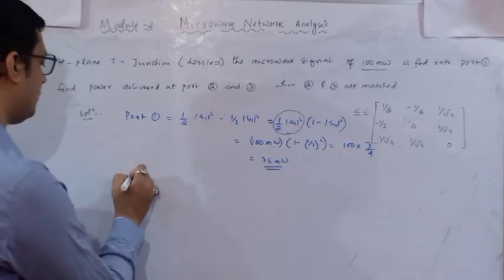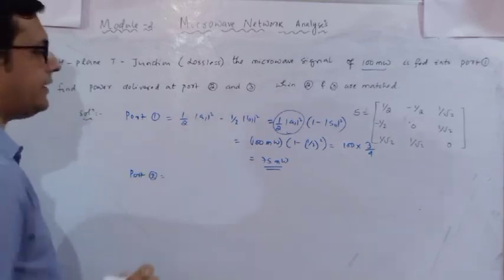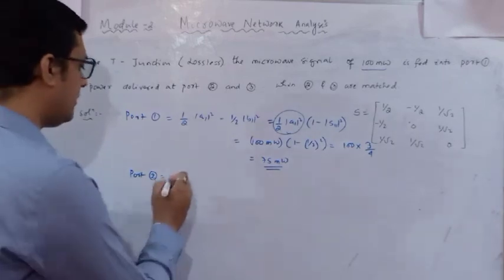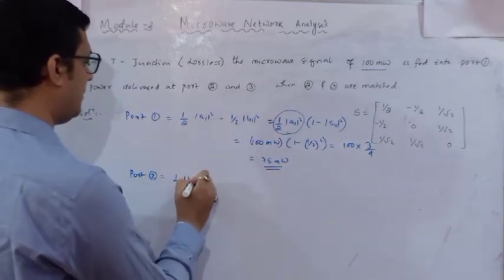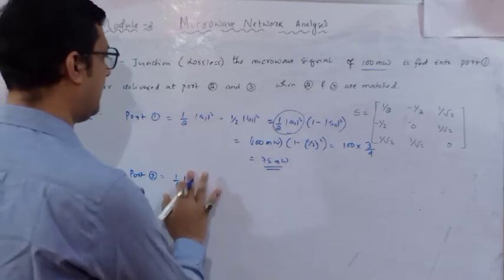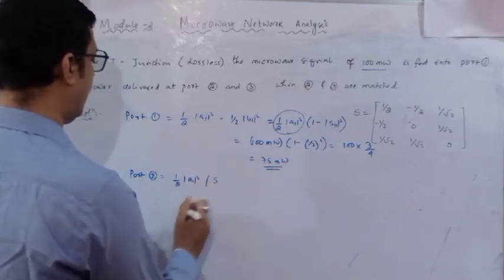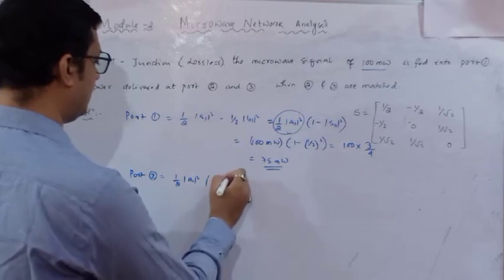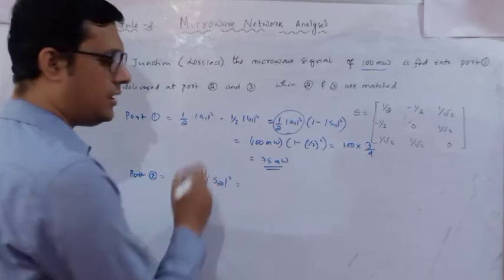Now port 2, we have to form a relation with respect to port 1. So here we have half mod A1 square whole into S21 square, where B1 I have replaced with A1.